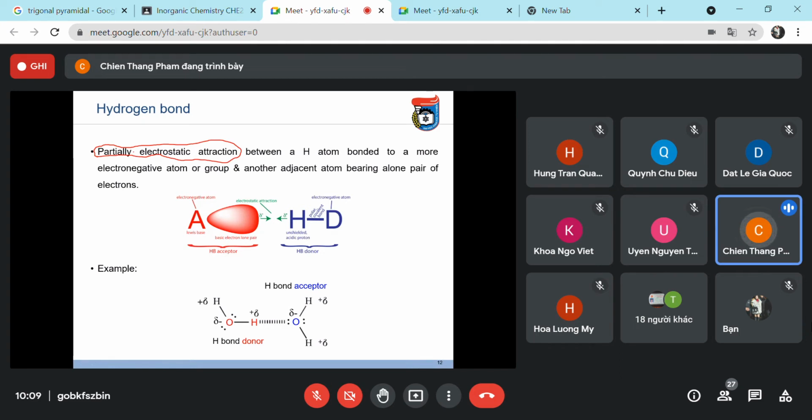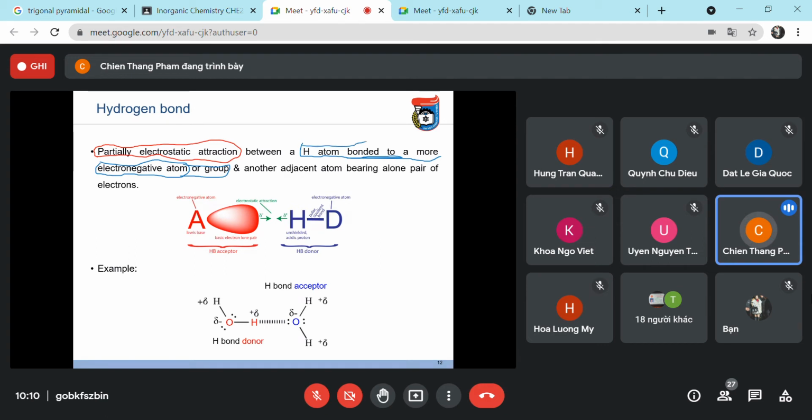The first part is electrostatic attraction. The second part, maybe I will use a different color, is between hydrogen atoms. However, it's not only the hydrogen, it's the hydrogen atom bonded to a more electronegative atom or group, sorry.